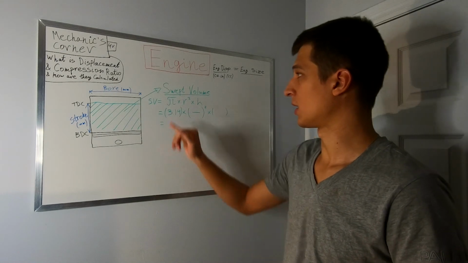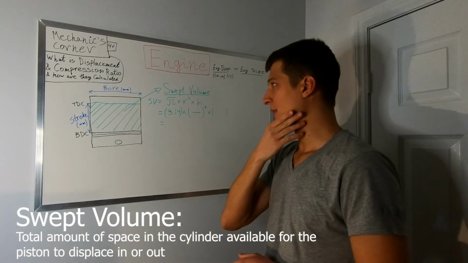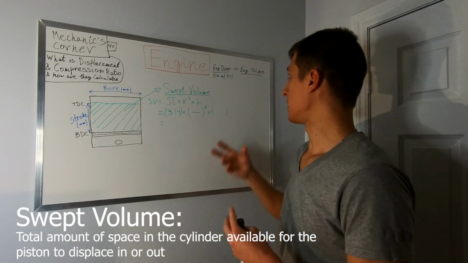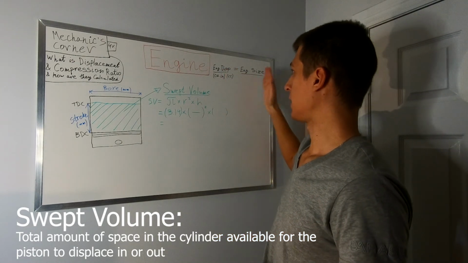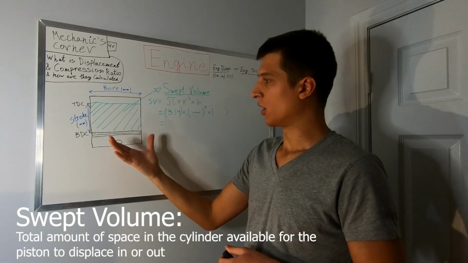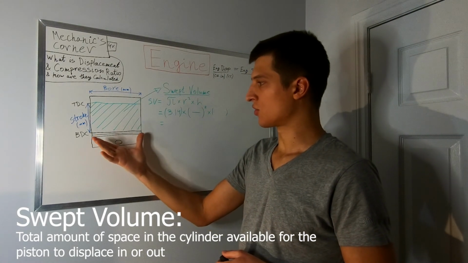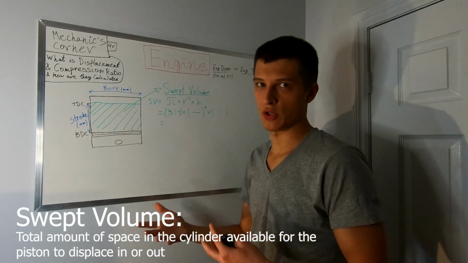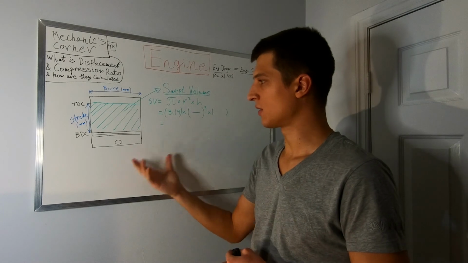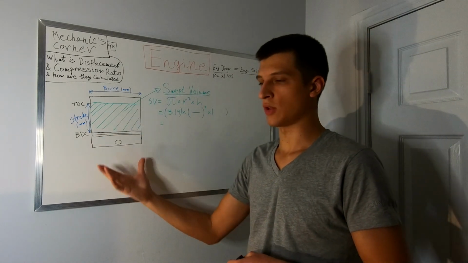And the next thing that we need to look at is the swept volume. The swept volume is pretty much the engine displacement, or the engine size. It's the space available for the engine to take in the air-fuel mixture, or if it's a direct injected engine or diesel, space available to take air in.